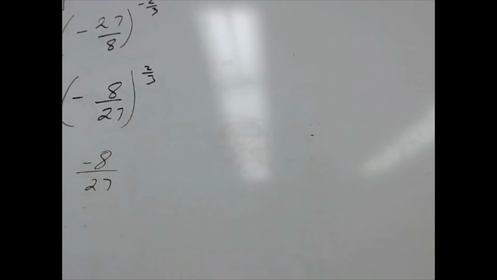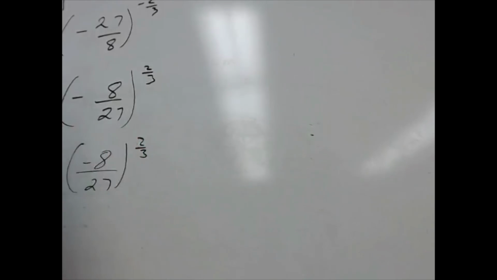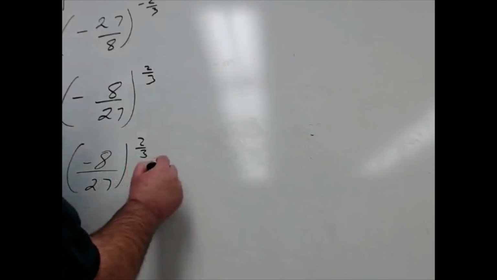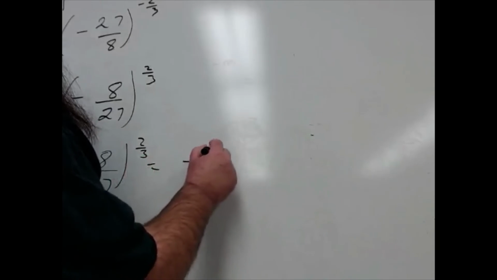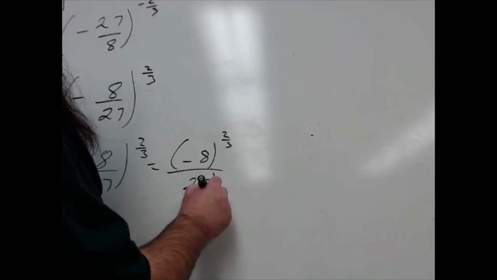Because it doesn't matter which number I put the negative sign on, the whole fraction still ends up being negative, exponent 2 over 3. So now what I'm going to do is put this exponent on both the numerator and the denominator. So this gives me negative 8 to the 2 over 3 over 27 to the 2 over 3.